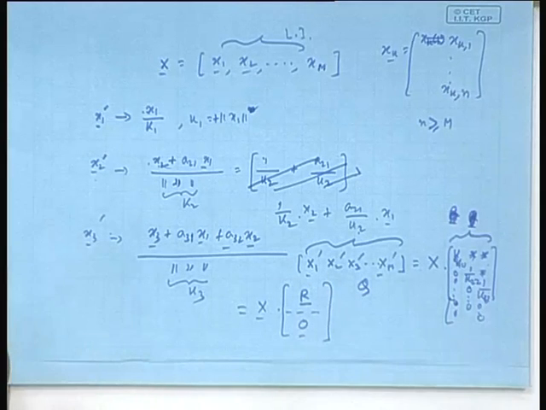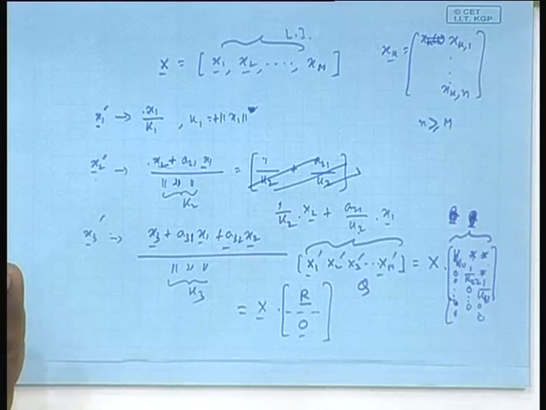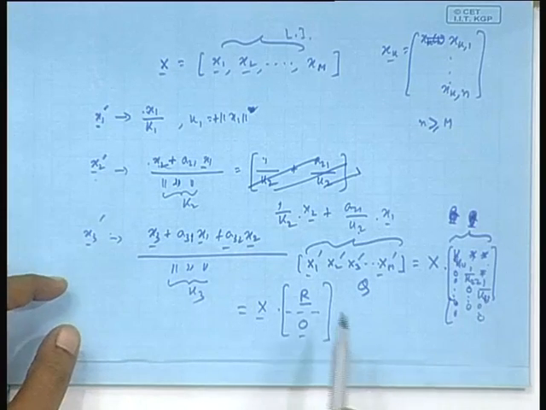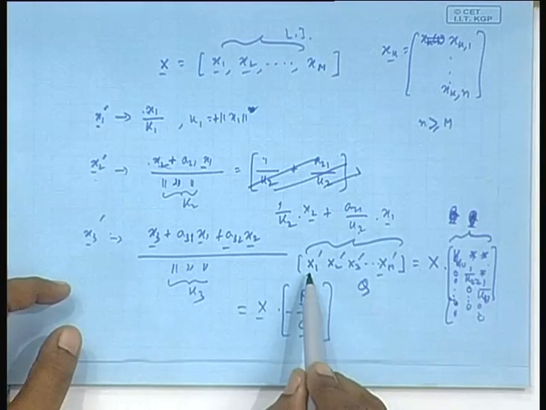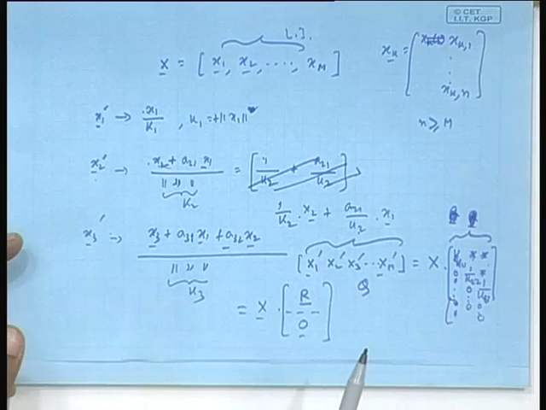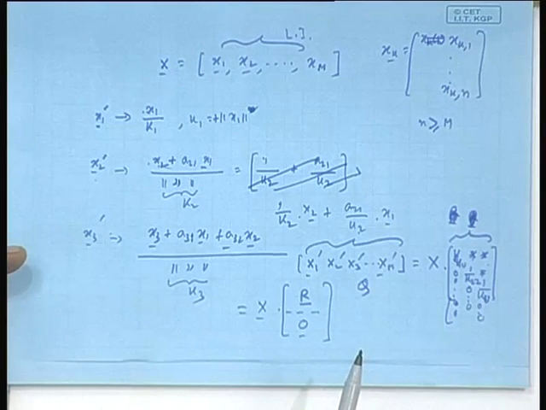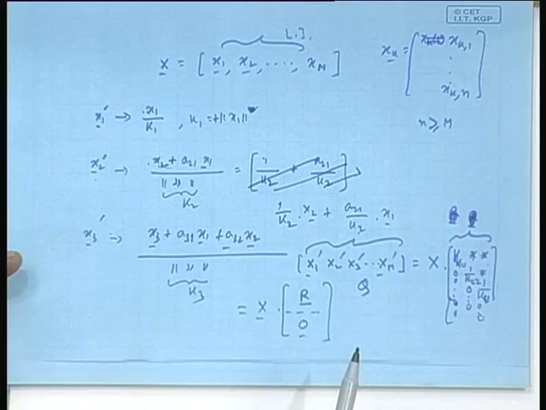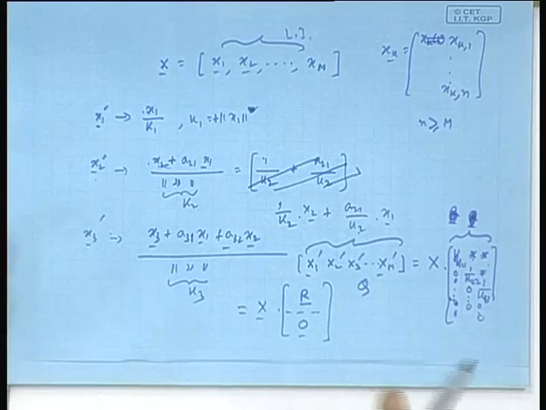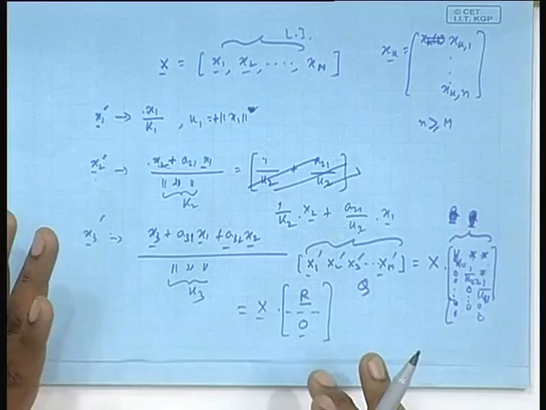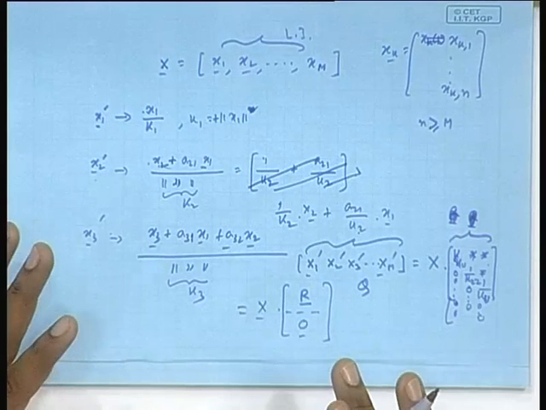This is not a square matrix, but one thing is there, all the columns are mutually orthogonal. So, Q Hermitian Q, you cannot do that product if it is not a square matrix.